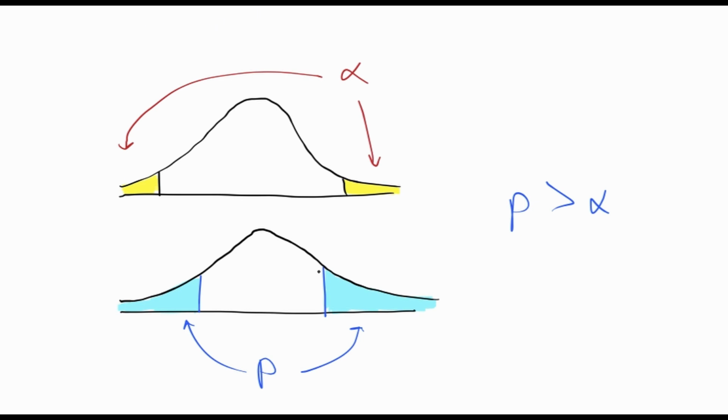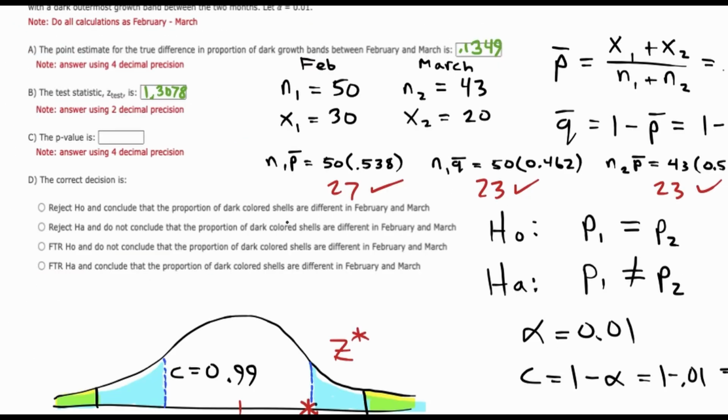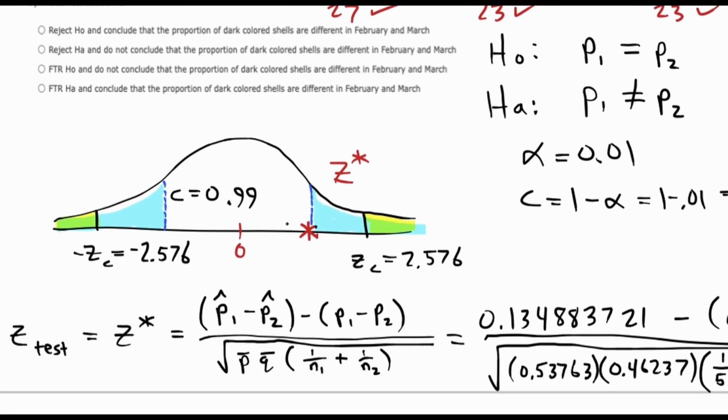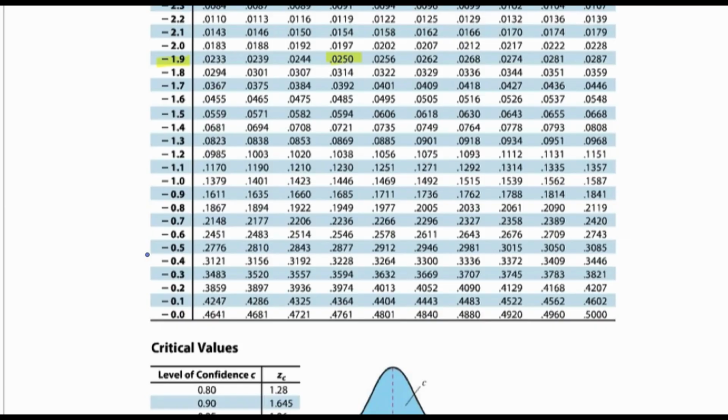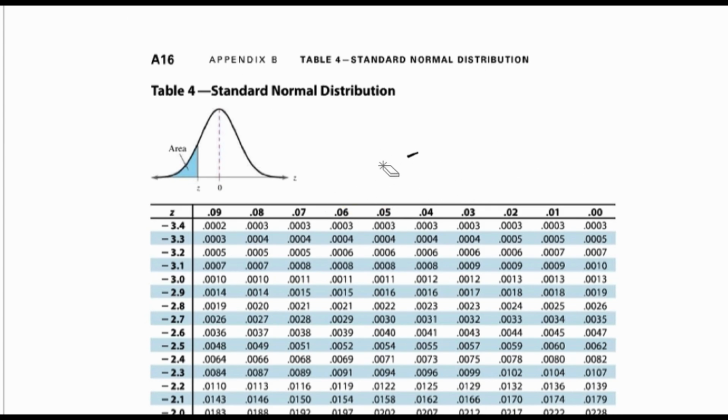Okay, so let's find out what the p-value actually is. We just have to look up the Z star of 1.3078. Now, many ways to do it. I'll just go to formula sheets. But instead of looking up the positive of that, I am going to choose to look up the negative of it.